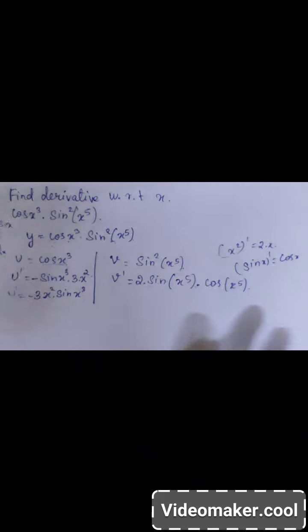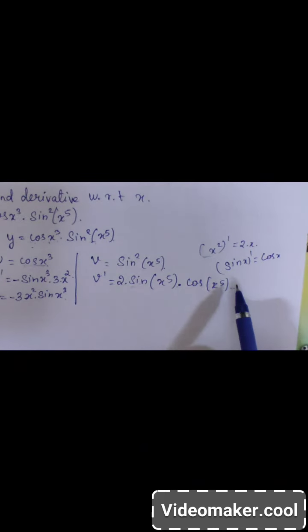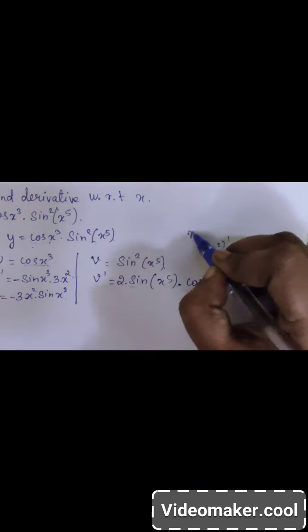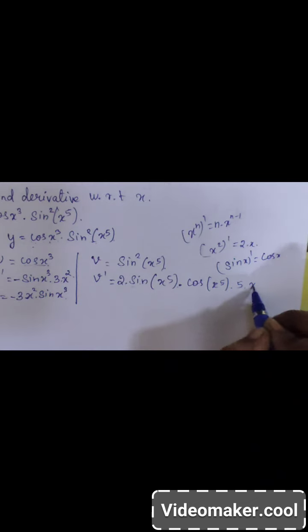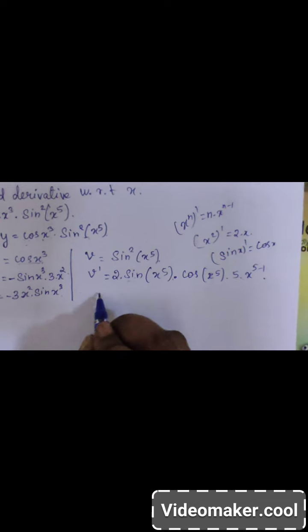Now we have to differentiate x to the power 5. The derivative of x to the power n is n into x to the power n minus 1. So we will get 5 into x to the power 5 minus 1, which is x to the power 4. So we can rewrite the derivative of the v function as 2 into sine x to the power 5 into cos x to the power 5 into x to the power 4.